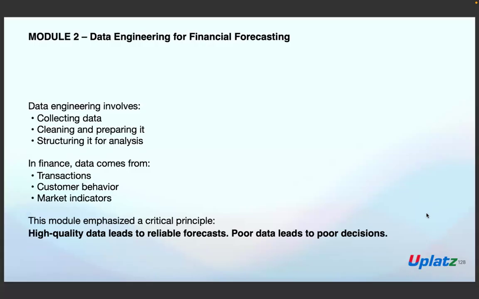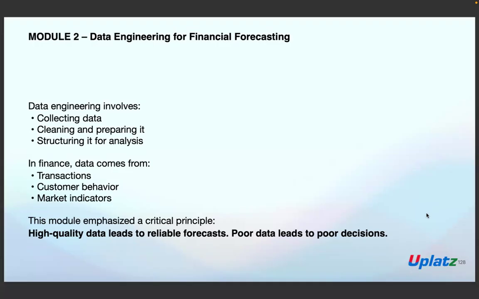The second module focused on data engineering for financial forecasting. In this module, we explored that because AI is only as good as the data it uses, data engineering involves collecting data, cleaning and preparing it, and structuring it for analysis.